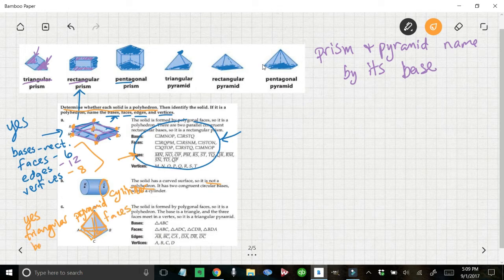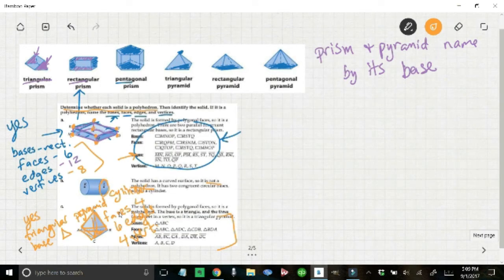Oh, I'm sorry, I forgot to tell that the base is the triangle. So 4 faces. It's going to have 6 edges and 4 vertices. And again, you could just write the number of how many there are instead of having to list everything out.